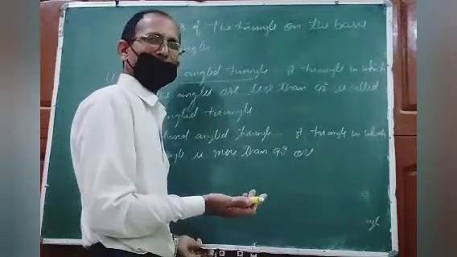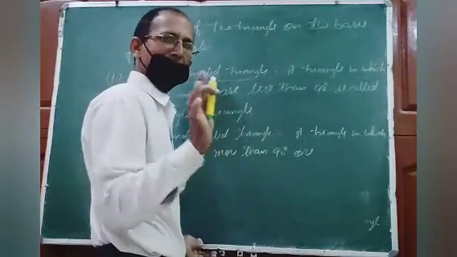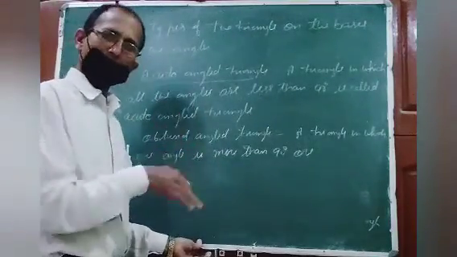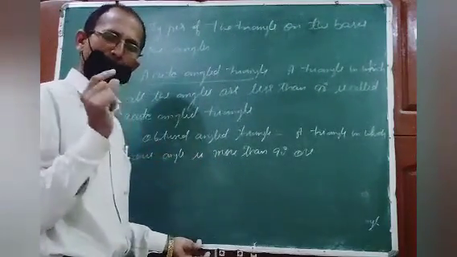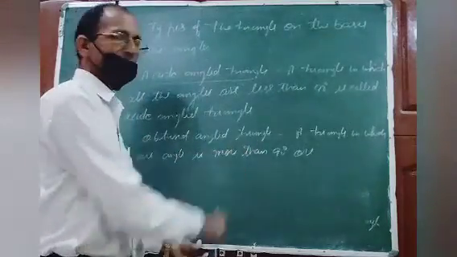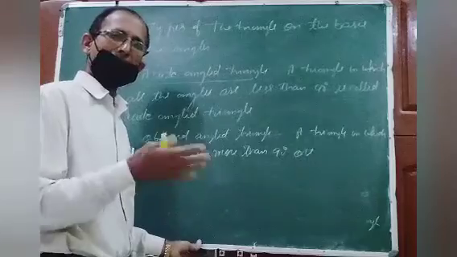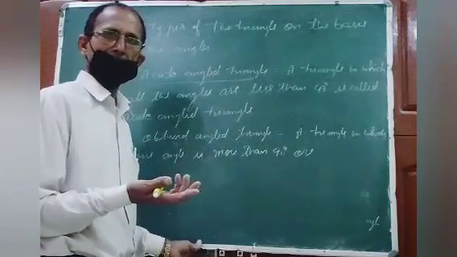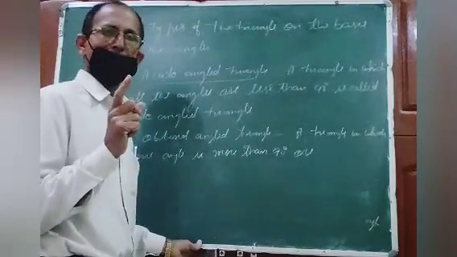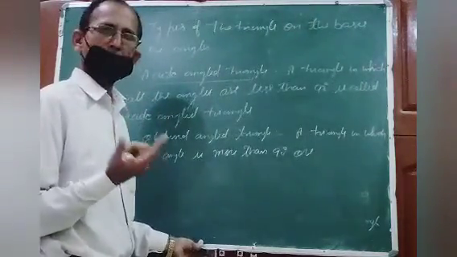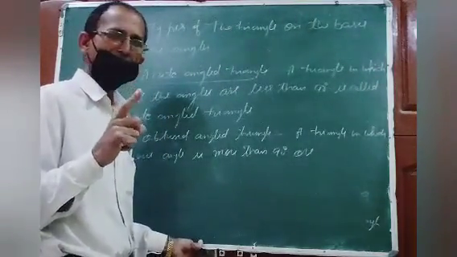This is clear because the sum of the angles of a triangle is 180 degree, so if one angle is more than 90 degree, automatically the other angles will be smaller than 90 degree. Two angles can't be obtuse, because the sum of the angles of a triangle is 180.